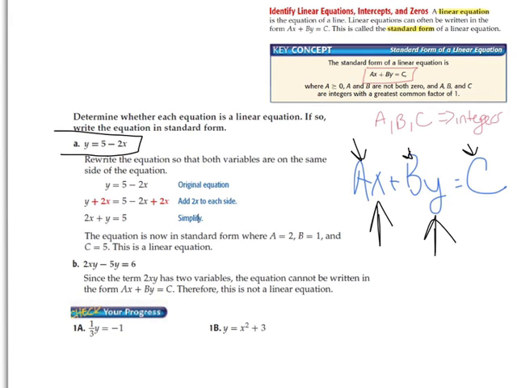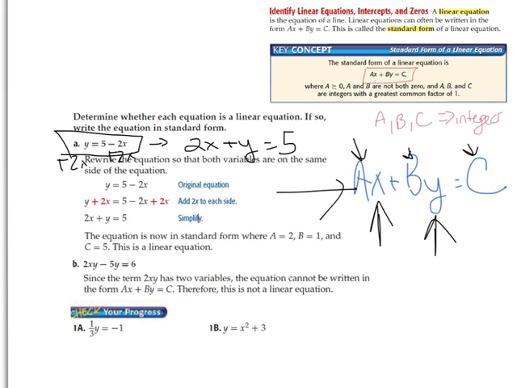So looking at this problem, if I can rearrange it such that it is in this form, ax plus by equals c, then it is indeed a linear equation because it will be in standard form. I can rearrange that by adding 2x to both sides, which means I'll have positive 2x plus y equals 5.